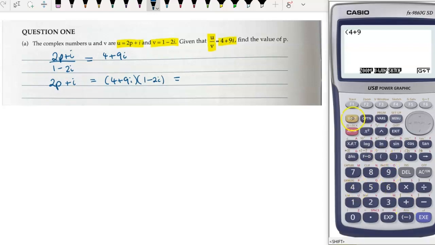So 4 plus 9i times 1 minus 2i, like so, is 22 plus i. Now if we compare the real part, on the left we have 2p must be equal to 22, so therefore p is 11.